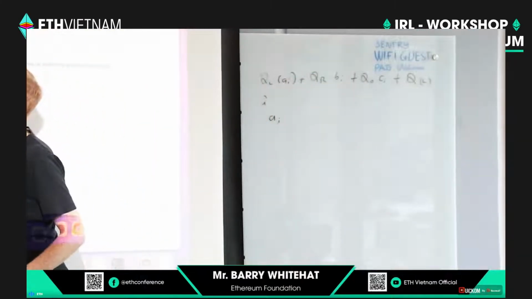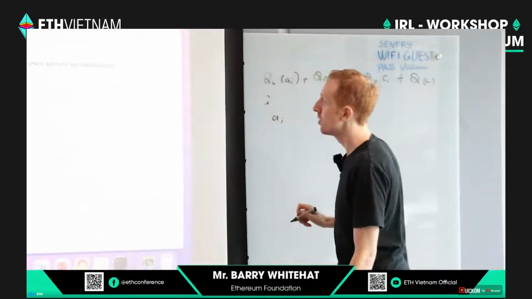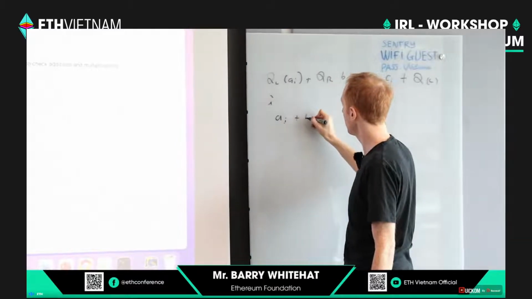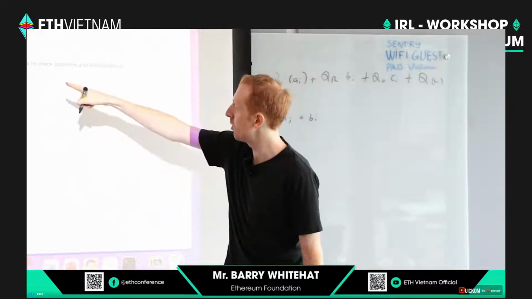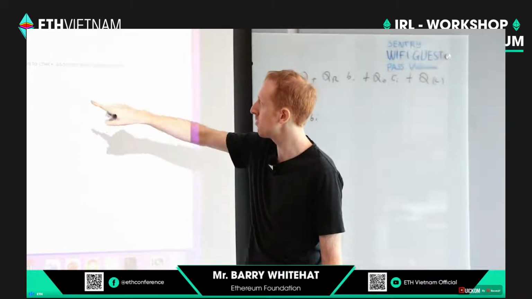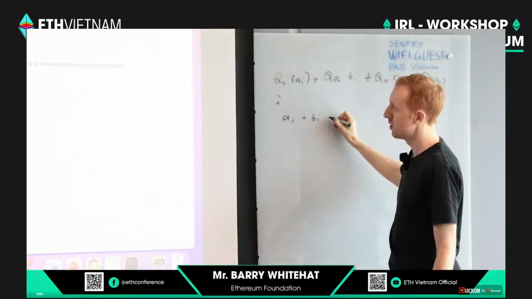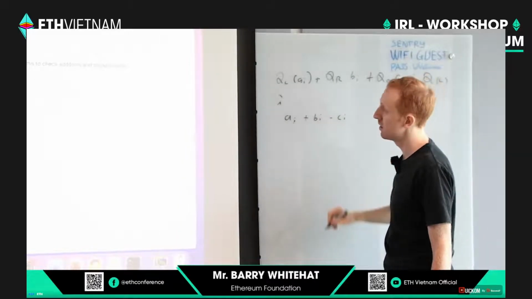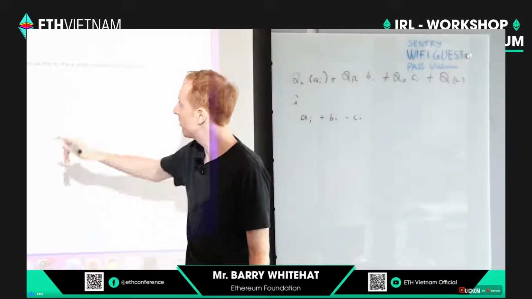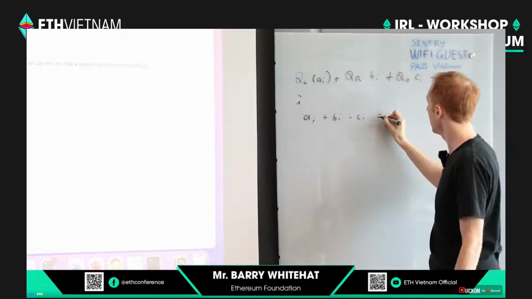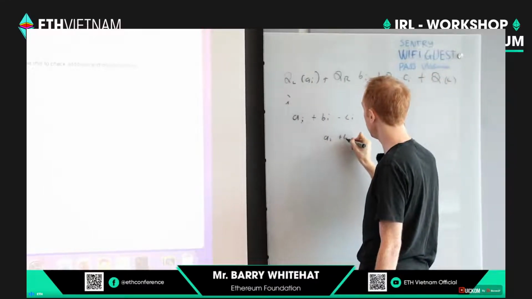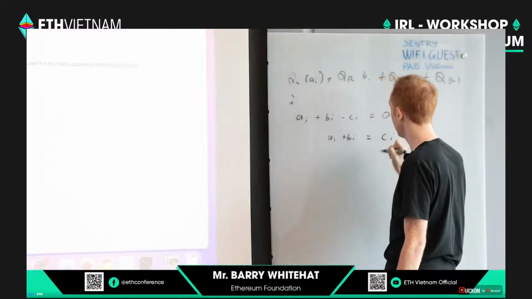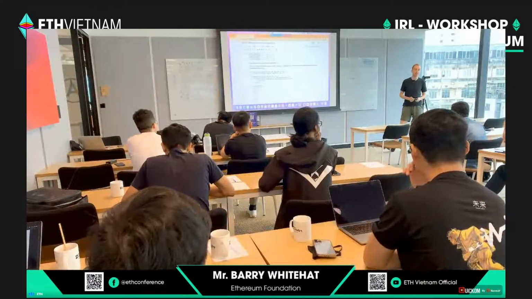QR is 1, it's BI, plus BI. QM is 0. QO is minus 1, minus CI. And QC is 0, equals 1. And that's basically the same as saying AI plus BI equals CI. That's an addition check. That's an addition constraint.